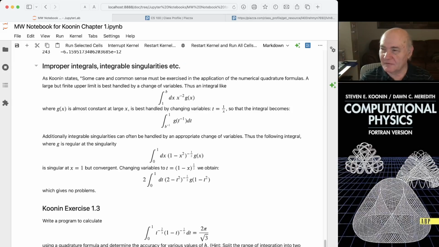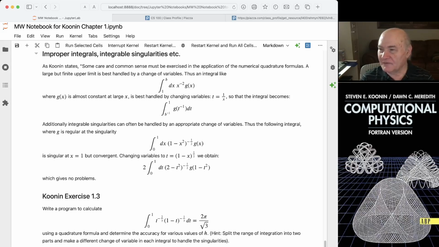We're not going to use SciPy much in this computational physics. But if you have an integral like the integral from 1 to b of dx g(x) over x squared, and g(x) is fairly constant when x is very big, this is going to converge very slowly. It will converge, but if you try to evaluate it numerically, you basically have to take b to infinity, which means you need a lot of points.